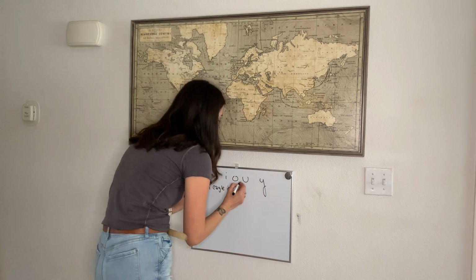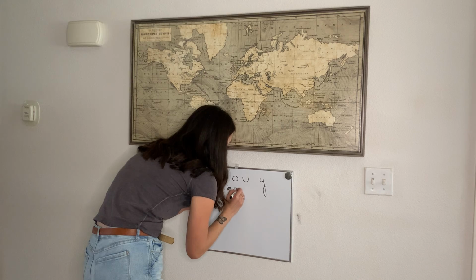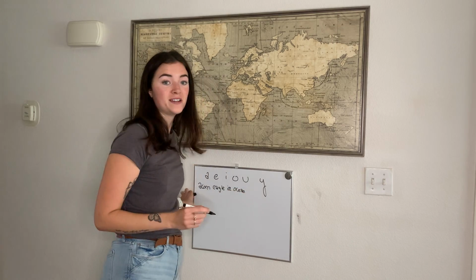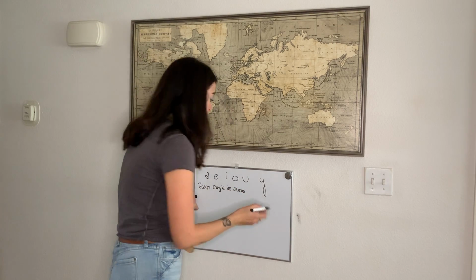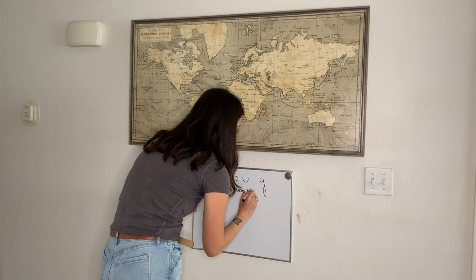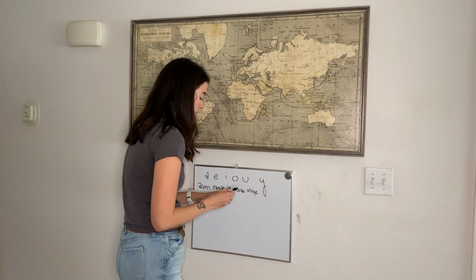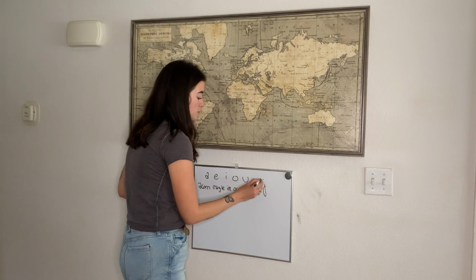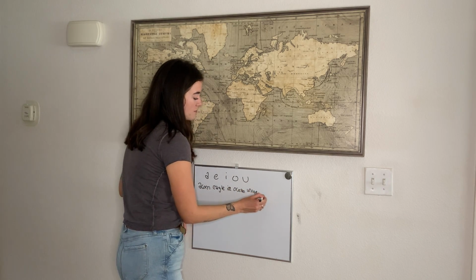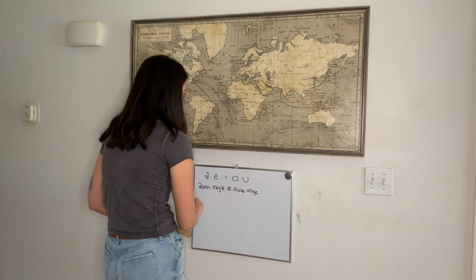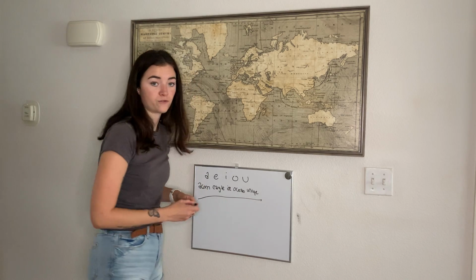Ocean, exactly. Yep, that's a perfect example. U, unique. Yep, exactly. And we're not going to worry about Y today. Y was just our 6th one. We're going to leave that on the wayside, and we're just going to really focus on these first 5 vowels.